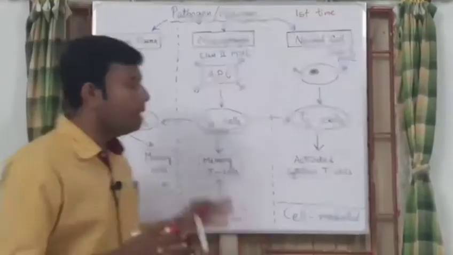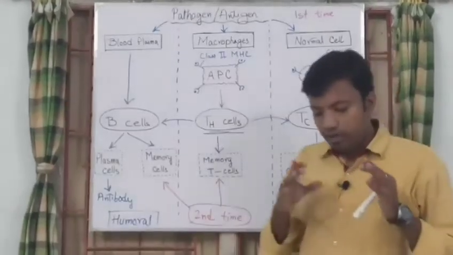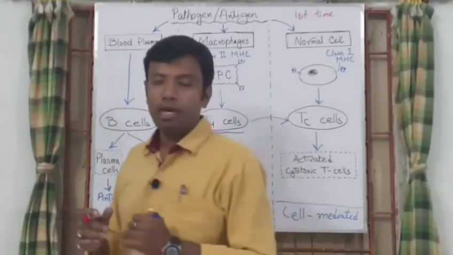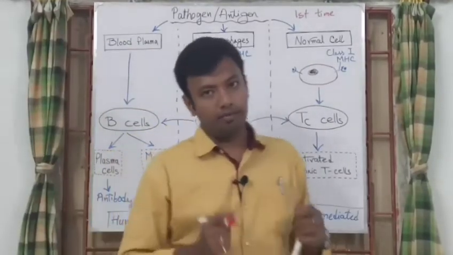Thus, with the help of this flowchart, I hope you get a clear idea of the different components of our immune system as well as their mechanism of interaction.